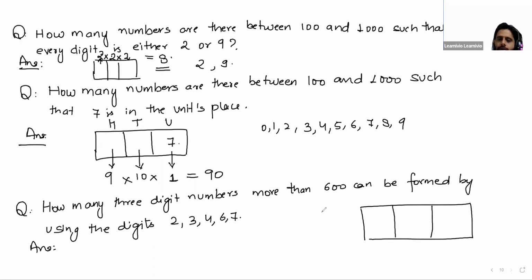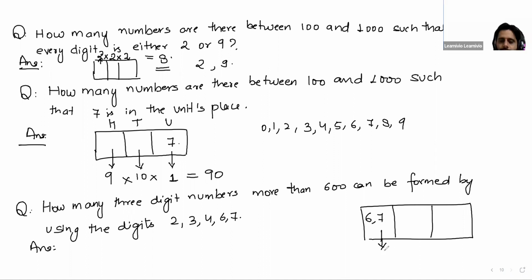Now they're saying that more than 600 can be formed. So at this place, how many choices we have? It's 6, sir. Can't we select 7 here? Because more than 600. Oh yes. Okay, sir.